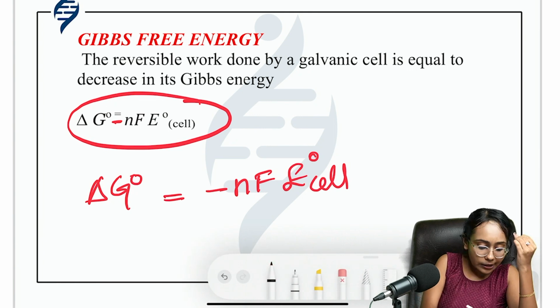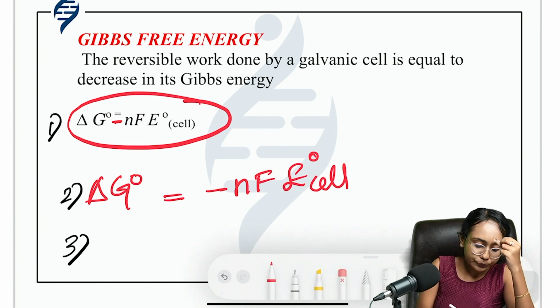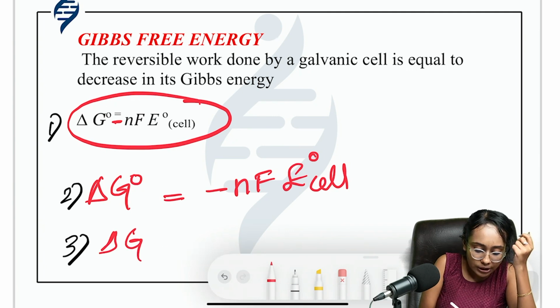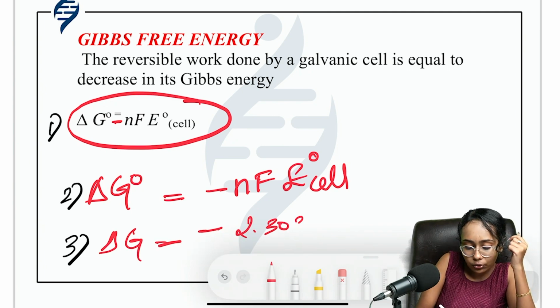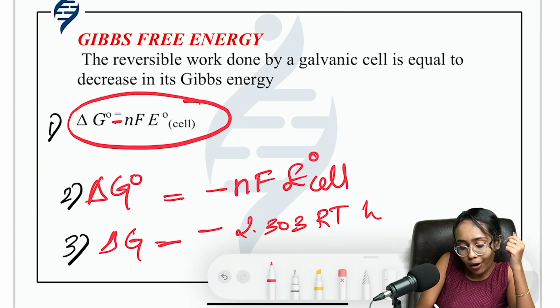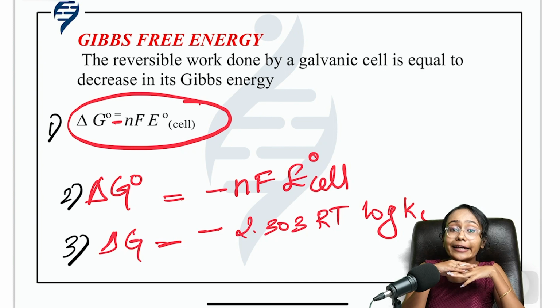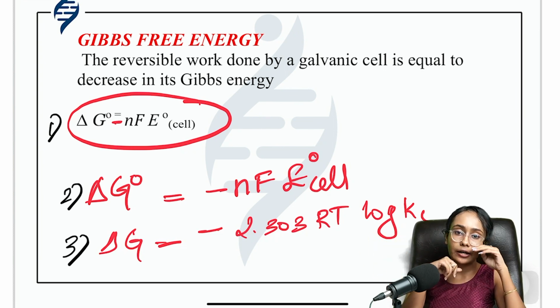This was relation number 1, relation number 2, and relation number 3 is here: delta G equal to minus 2.303 RT log Kc. This is the relation connecting equilibrium constant and Gibbs free energy.